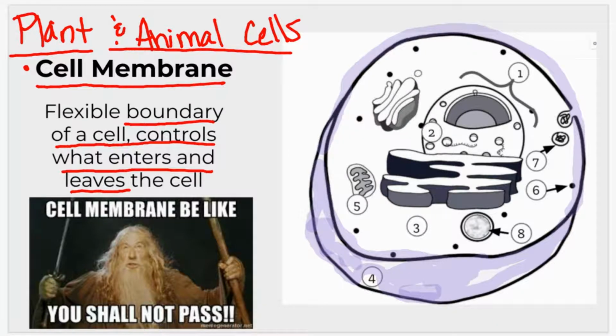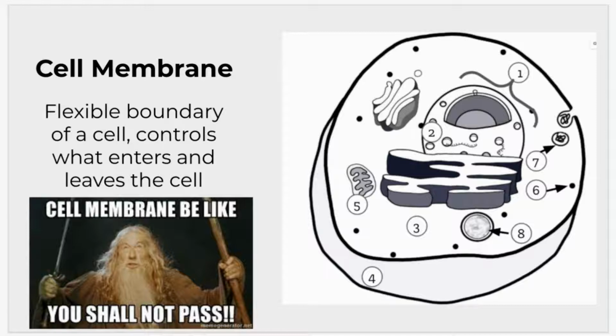He faces the demon on this narrow bridge and says, "You shall not pass," and drives his staff into the bridge. I won't spoil the rest of that moment. It's my favorite moment in the movie and the book. But the cell membrane determines who enters and leaves, just like Gandalf determined if Balrog was going to enter or leave that area. The cell membrane controls what enters and leaves the cell, as well as making up the boundary.